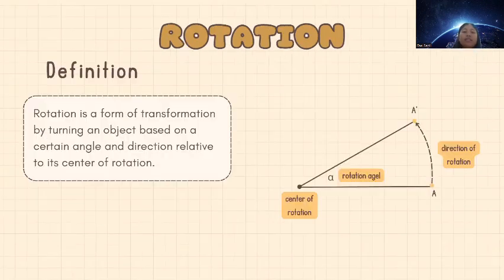Type 3, rotation. Definition: rotation is a form of transformation by turning an object based on a constant angle and direction relative to its center of rotation.